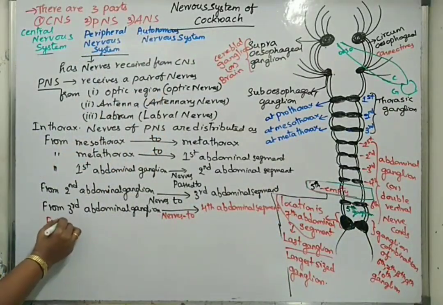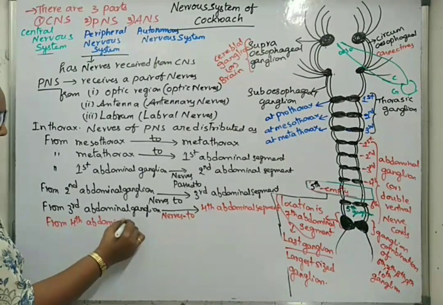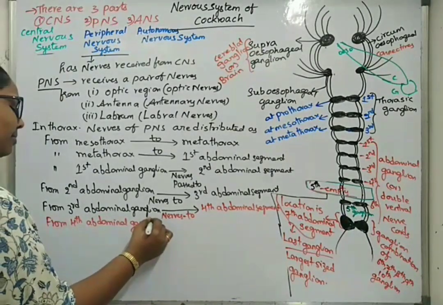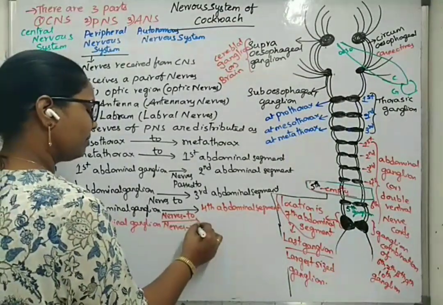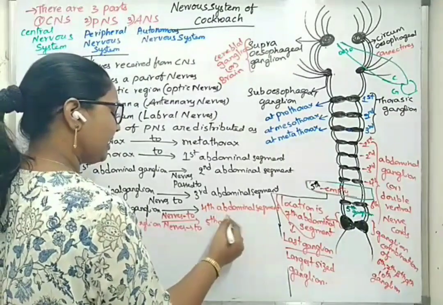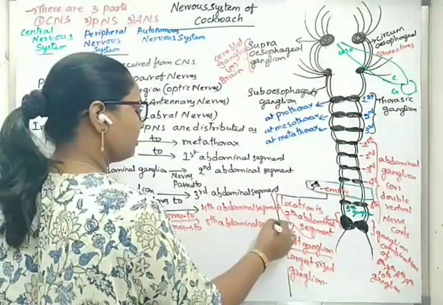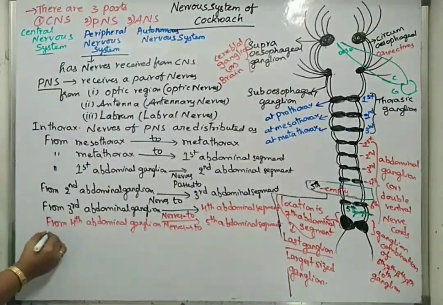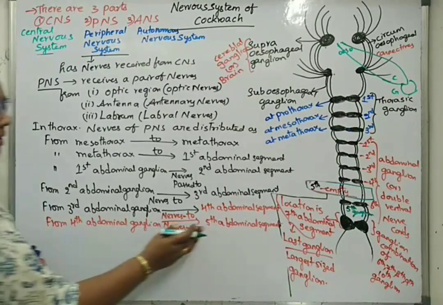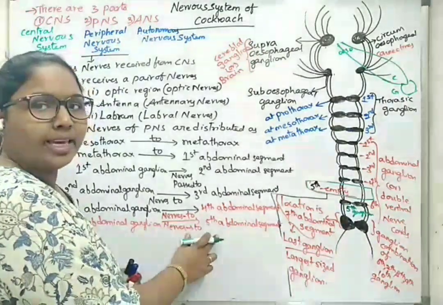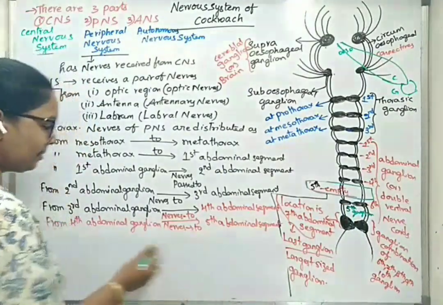Again, from the fourth abdominal ganglion, nerves passed to the fifth abdominal segment. Now, this one is different. The fifth abdominal segment is not having any ganglion. The fifth abdominal ganglion is present in the sixth abdominal segment.